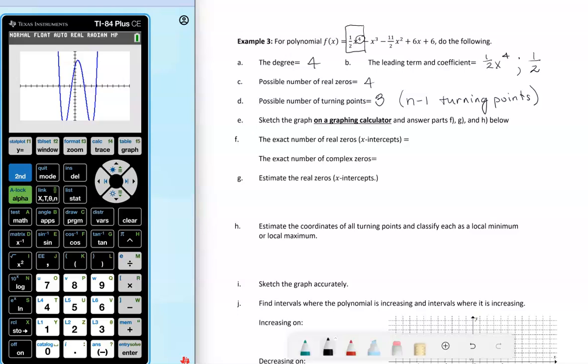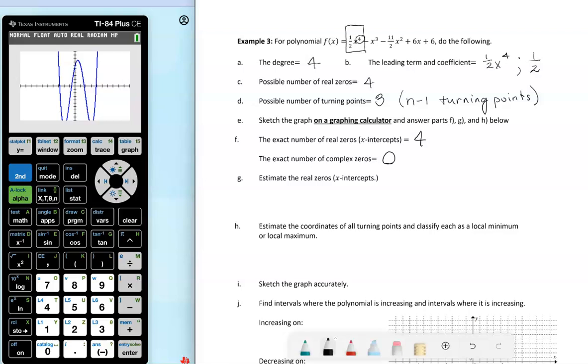Now part F says the exact number of real zeros, or x-intercepts, is 1, 2, 3, 4. Which means that the exact number of complex zeros is 0. You can have at most 4 zeros, and these all happen to be real.